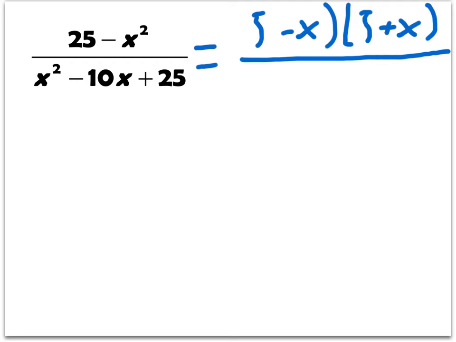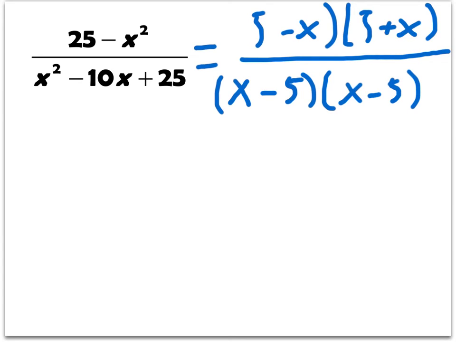And now the denominator is a quadratic, so let's try to factor that. So we need two numbers whose product is a positive 25, but whose sum is -10. Well, how about a -5 and a -5?